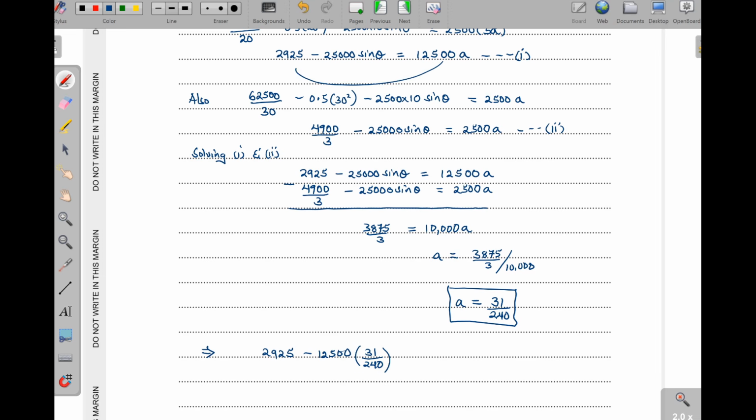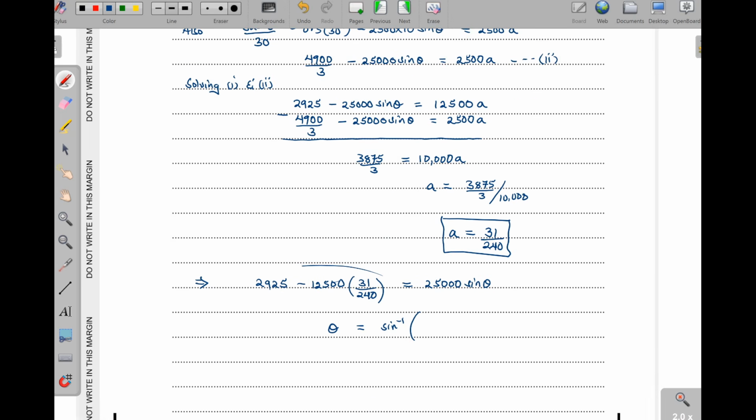I've brought this one here, then I'm taking this one this side to be a positive. So this one will be equivalent to 25000 sine of theta. So meaning theta will be equal to the arc sine of the whole of this, then divide by that.